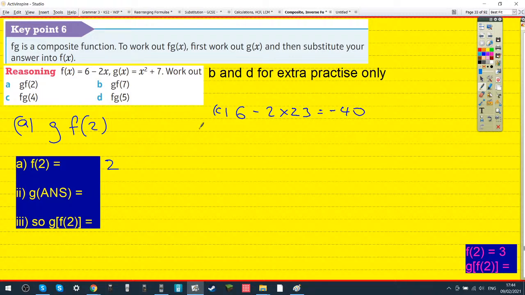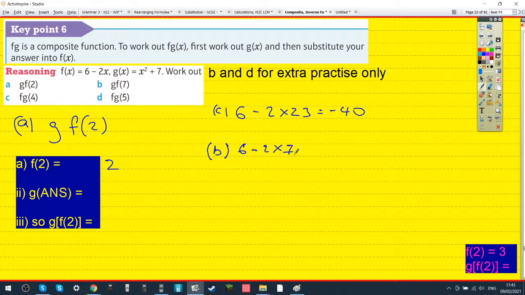So let's try question B. Okay, so F, it would be 6 minus 2 times 7, which is minus 8.